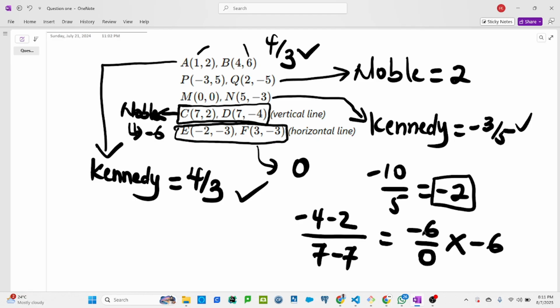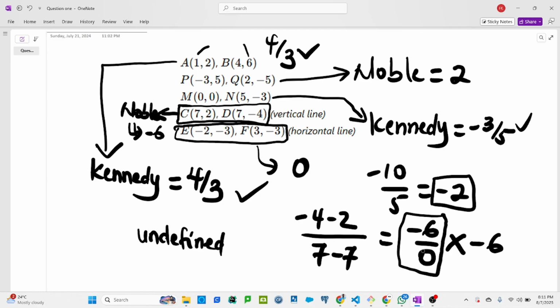The reason I brought this is that when you're finding the gradient and the bottom is 0, we say the gradient is undefined. So the answer is undefined. Let's take note of that: whenever the bottom is 0, the gradient is undefined.